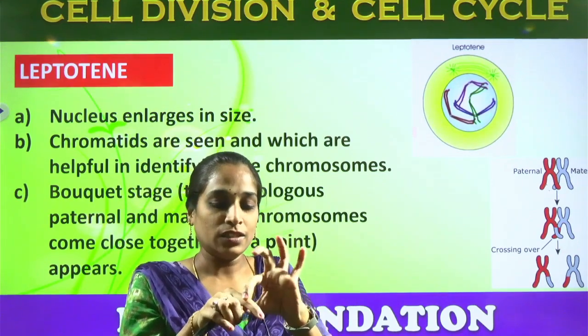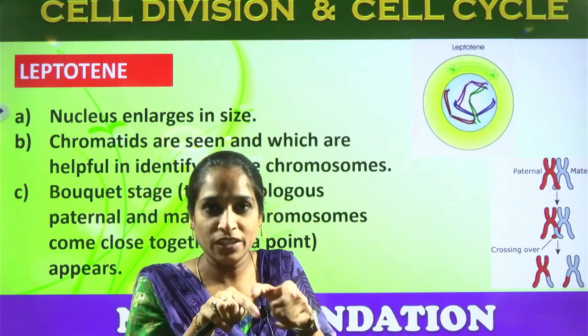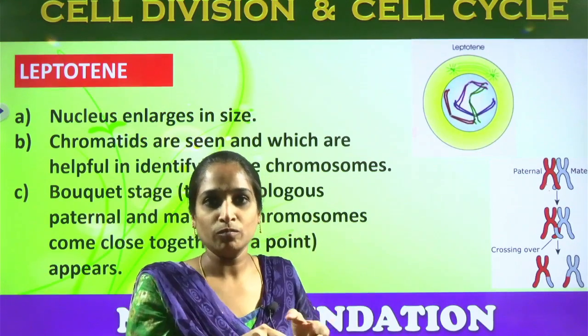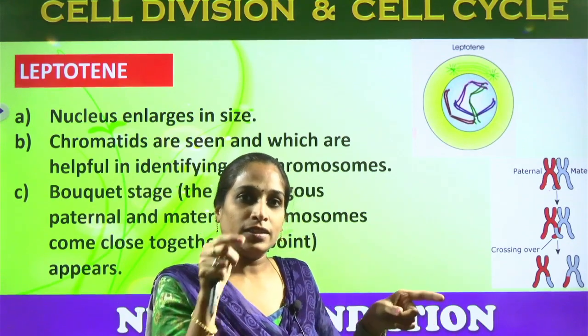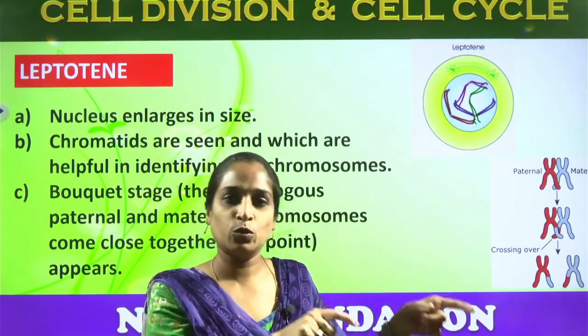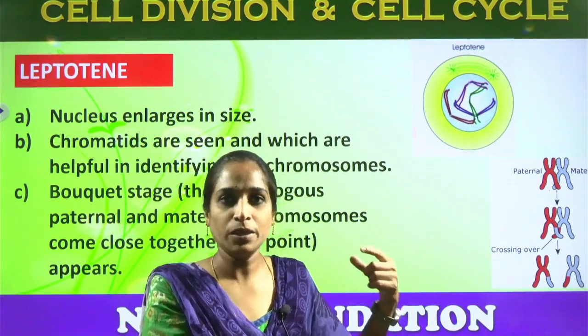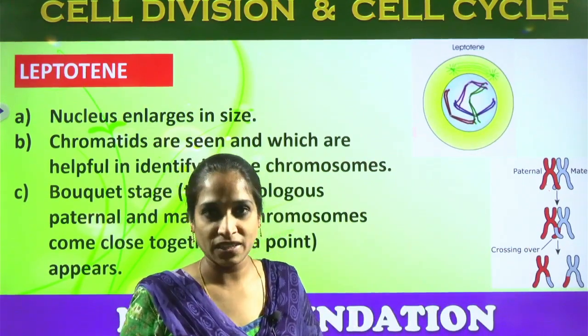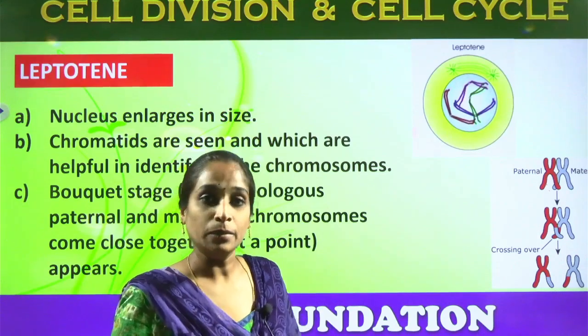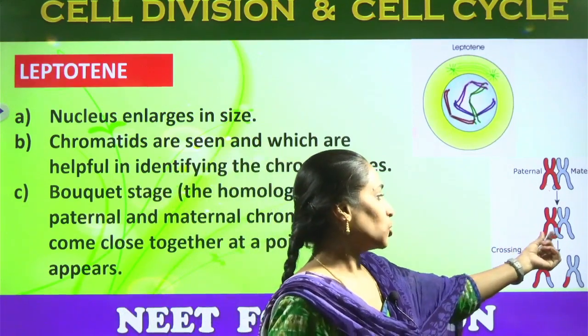After crossing, the crossed chromatid terminal of the paternal will be moving towards the maternal, getting the characters of the maternal, and the maternal one will be moving towards the paternal, getting the characters of the paternal. That is the use of crossing over.